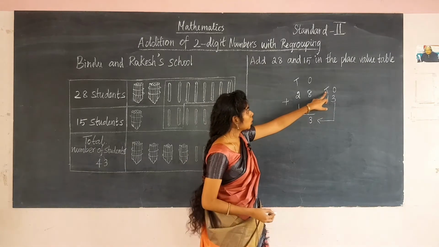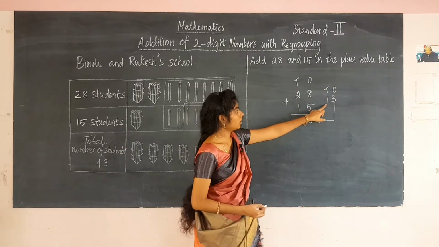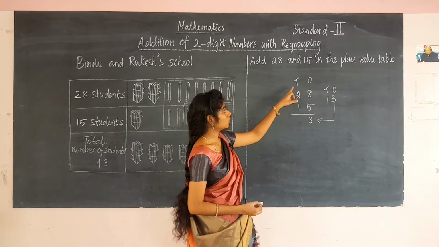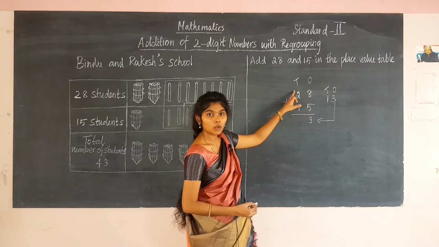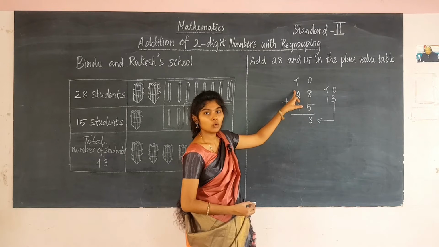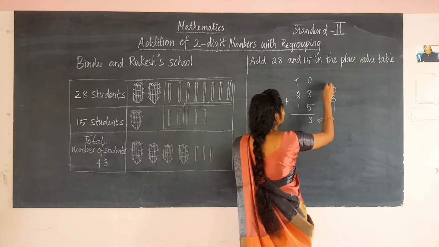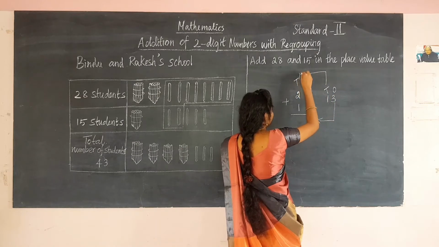Then carry over the number 1 to the tens place. This is what is meant by carry over. When you are carrying over, this is said to be regrouping. So take 1 to the tens place.